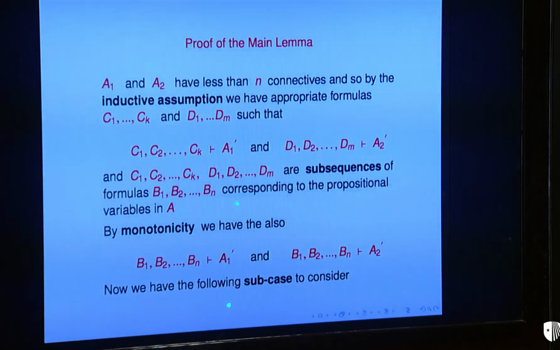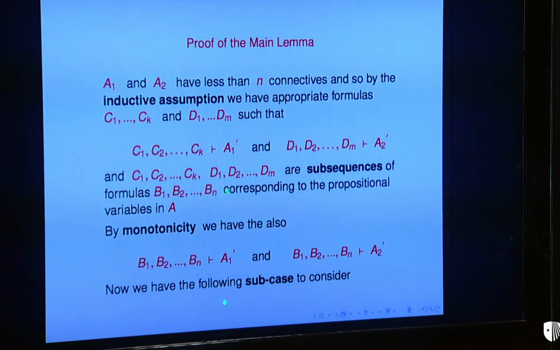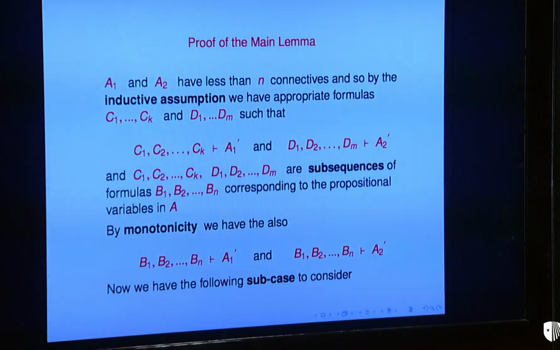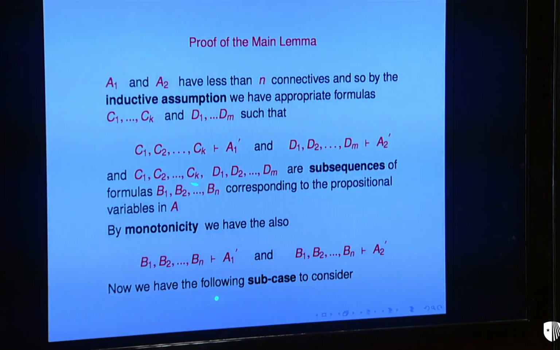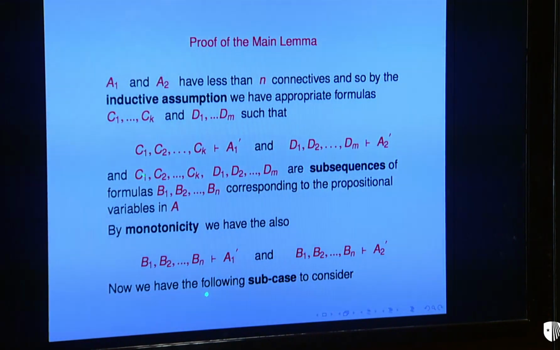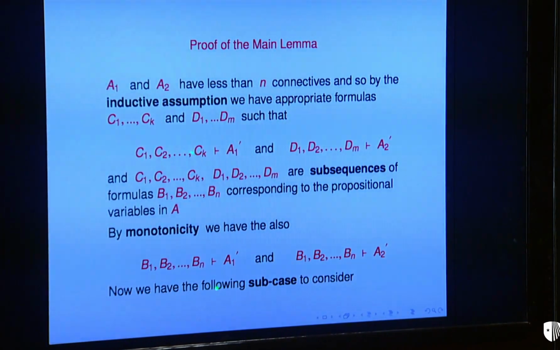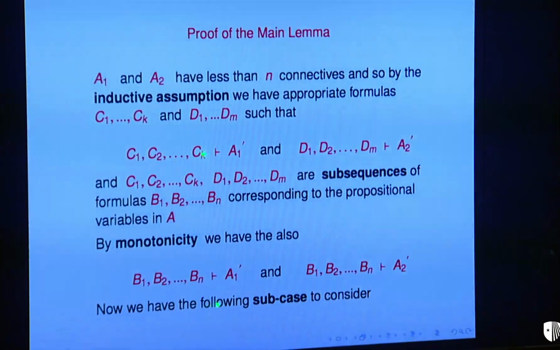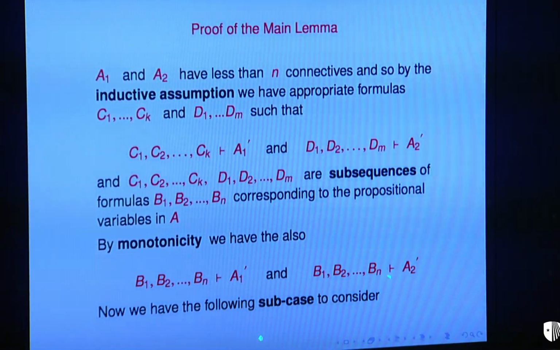And they are subsequences of those capital B's, which are for the formula A. So I can always say that, by monotonicity, I can extend those C's to all the B's, and the D's to all the B's.